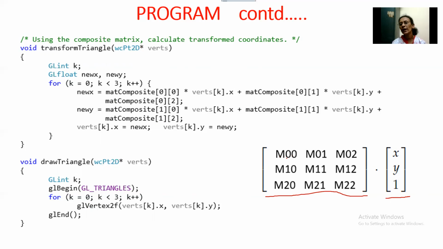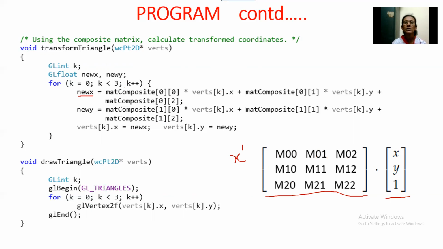So we have to multiply the current transformation matrix by the point x, y. So we calculate the new x, that is x dash, which will be equal to m00 into x plus m01 into y plus m02 into 1.